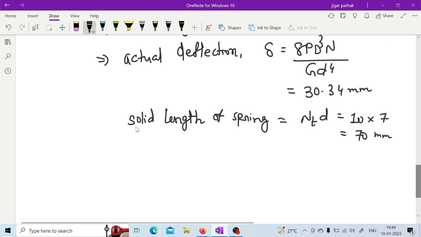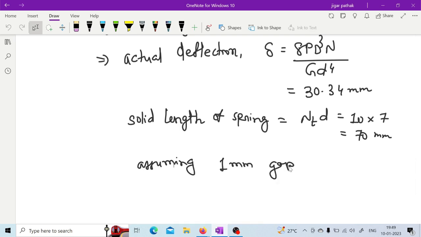Now one more thing, here you have to assume the gap between adjacent coils, right? So assuming 1 mm gap between adjacent coils, what will be the total gap?